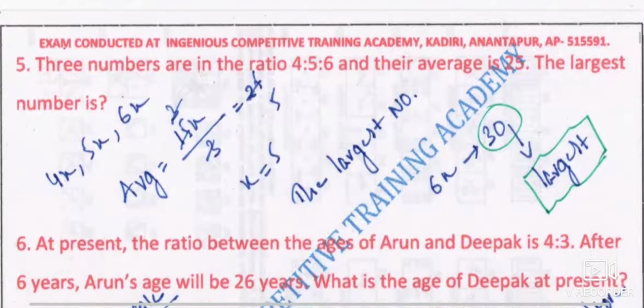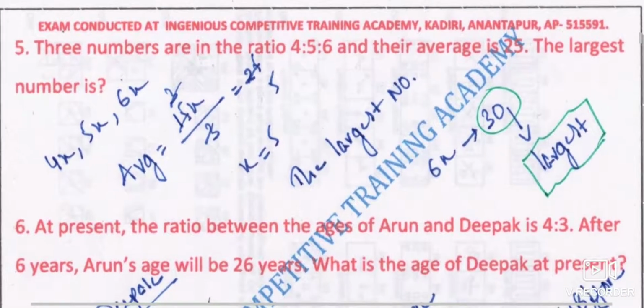Next we have 3 numbers in the ratio 4:5:6 and their average is 25. The largest number is? We know that 4x, 5x, 6x are the 3 numbers. The average is 4x plus 5x plus 6x divided by 3, that is 15x by 3.